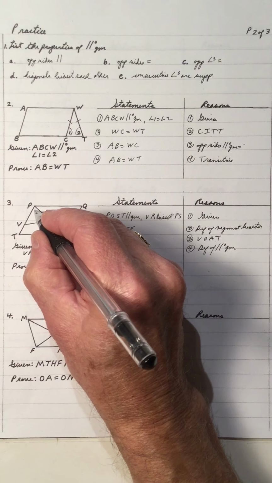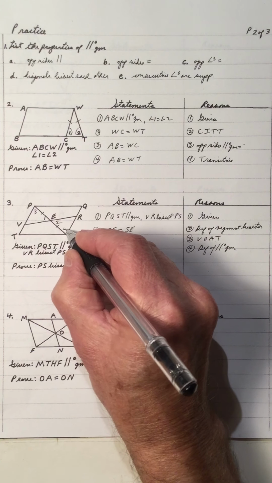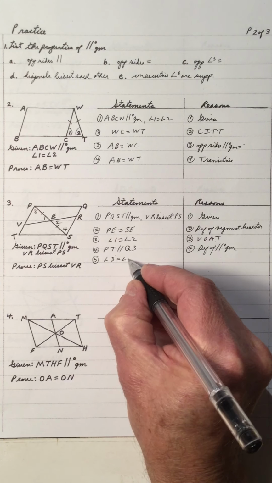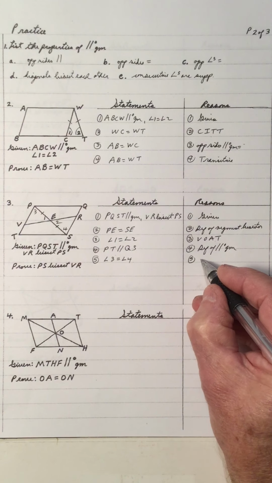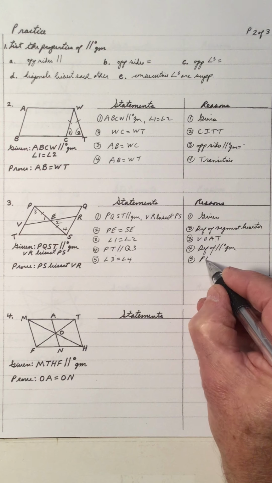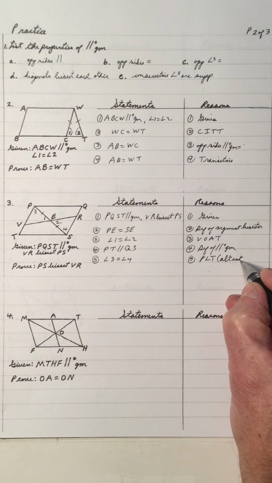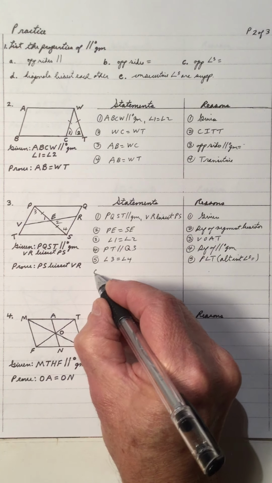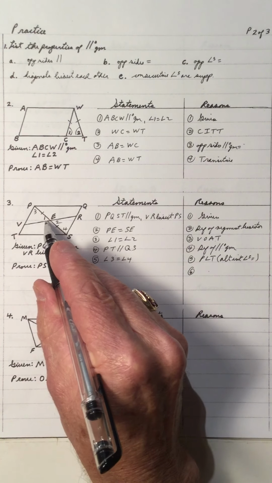So that's the 1, 2, so let's make this a 3 and a 4. Notice I always use numbers. It makes the proof so easy to see. So 3 is equal to 4. That's the PLT, alternate interior angles equal.